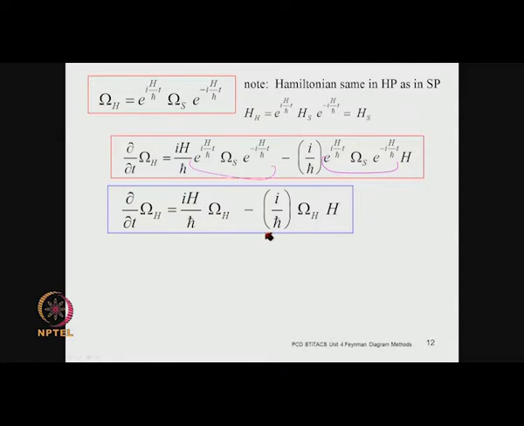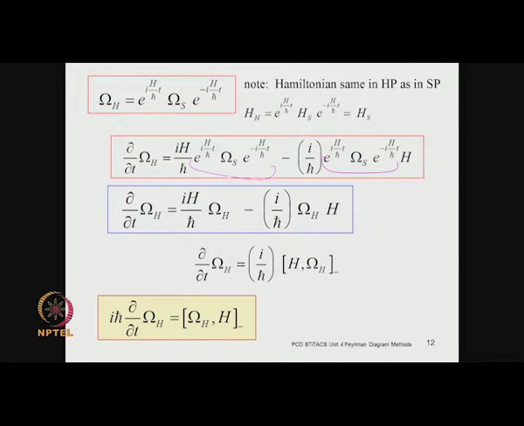So, if you factor out i over h cross as common, you find that the time derivative of the Heisenberg picture operator is given by i over h cross times the commutator of H, the Hamiltonian, with this operator omega H, right. So, obviously, this gives you the time evolution, and this is sometimes called the Heisenberg equation of motion for the operator omega. Okay. So, this is how the time derivative of the operator is expressed in the Heisenberg picture. It is the operators which are time dependent, the wave functions are independent of time.